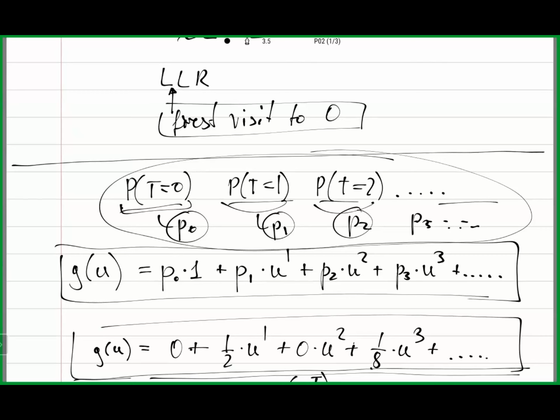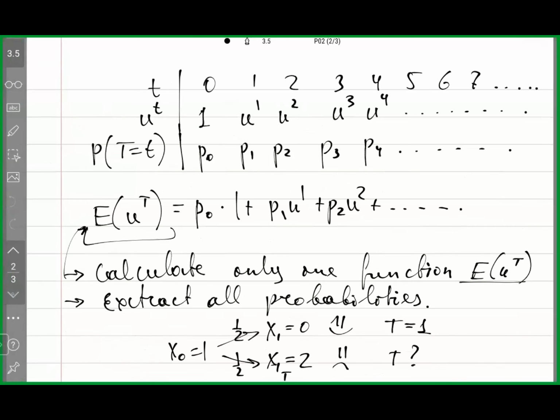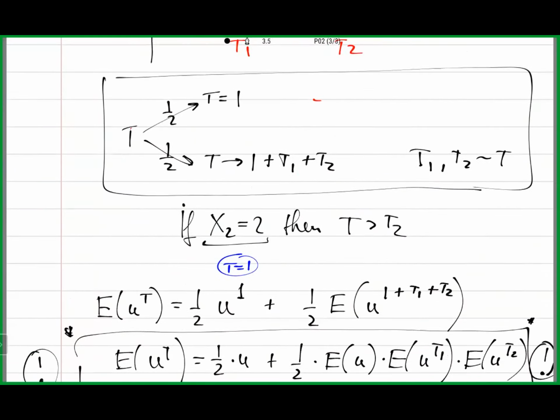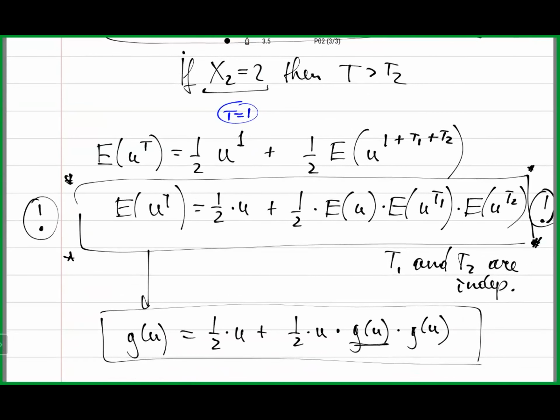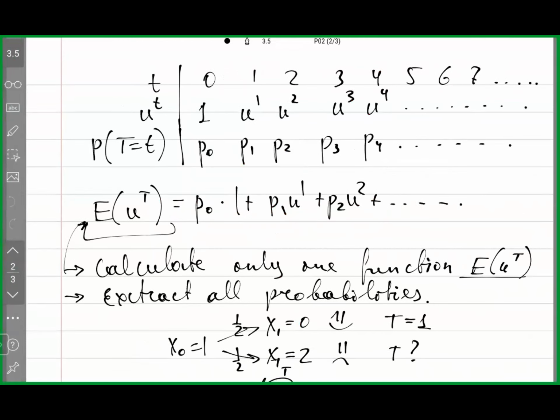But then we have this problem with calculating expected values of steps, and we use a function with expected value, like expected value of U to the power T equals something. Could you please elaborate a little bit more on this transition? So is it a moment generating function in some sense?